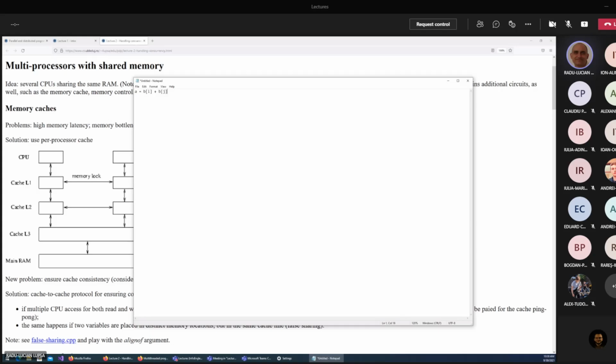The machine will have to compute the address corresponding to this index, so take the address of B plus I times the size of the element, and then go to the memory and extract B[I]. The addition cannot be performed until the processor has this value.